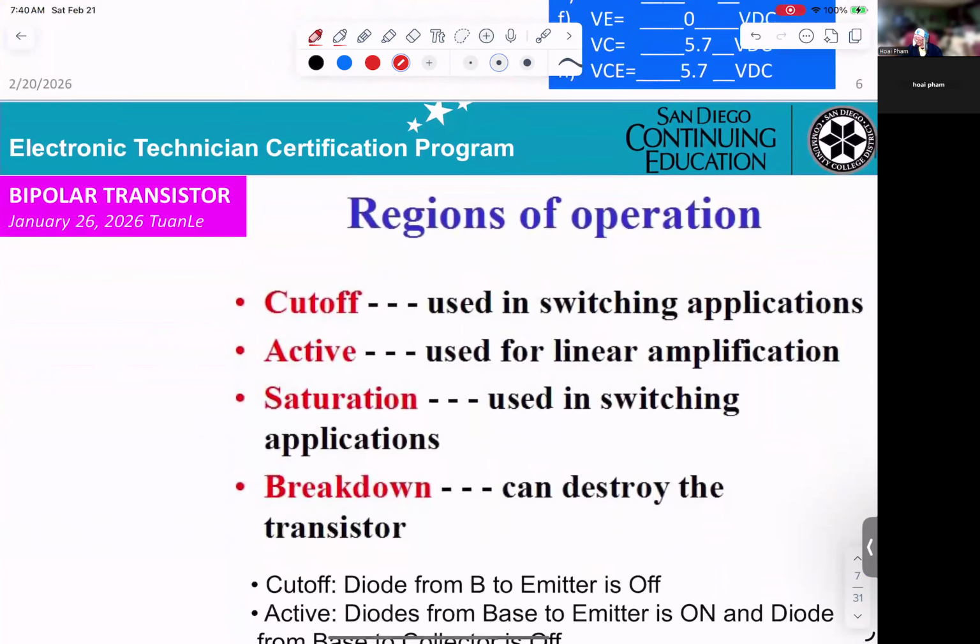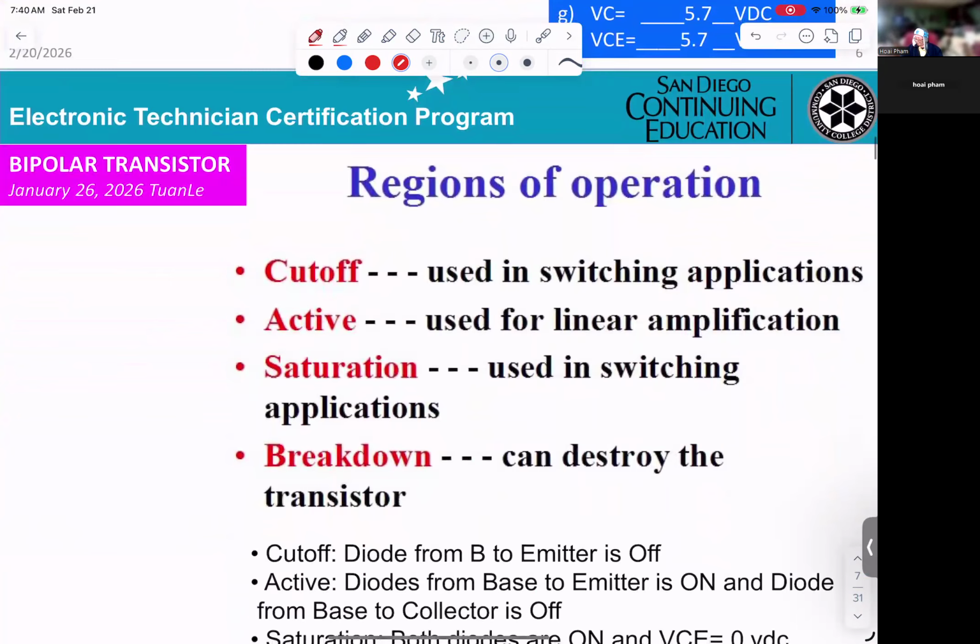Now, for the transistor, the regions of operation. The first one, cutoff, used in switching applications. That means turn on, turn off.